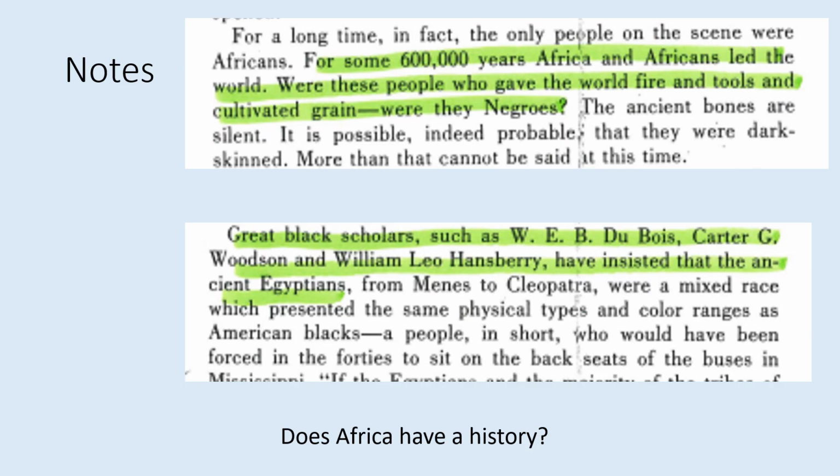Some notes from some of the sources. There's a debate about whether or not Africa plays a role in world history. The first remains, human remains with Lucy. Usually Africa gets questioned with regard to its contribution to world history, which is why in later units, W.E.B. Du Bois and Carter G. Woodson are going to try to challenge that argument.